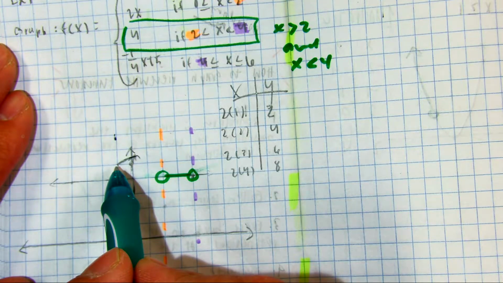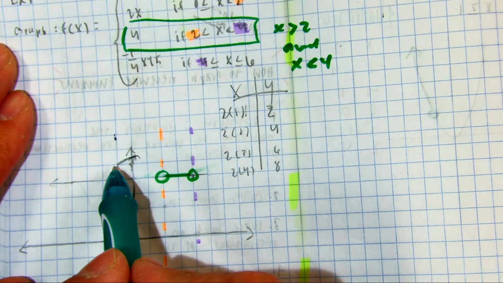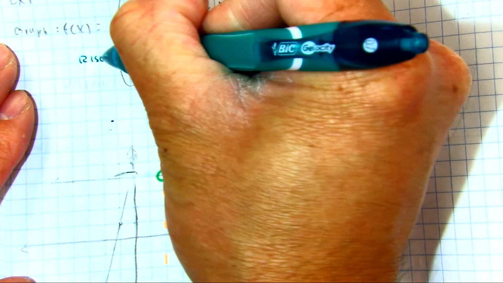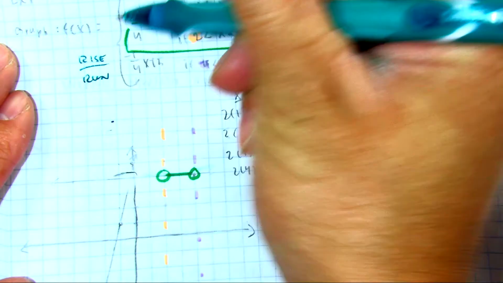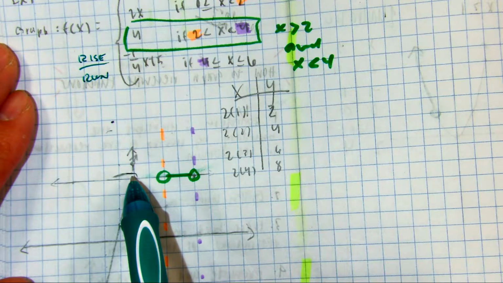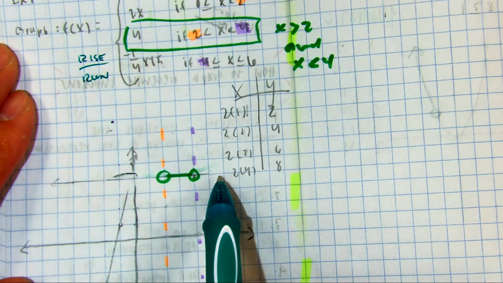Uh-oh. Where should I go from here? Where, class? Rise over run. So they're saying down 1, right 4. This is what the student interpreted as, right?